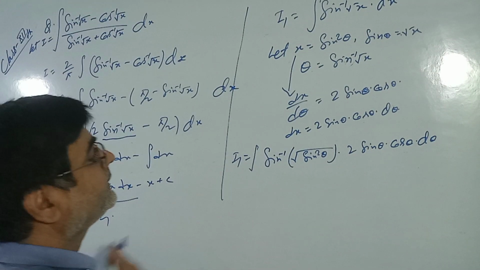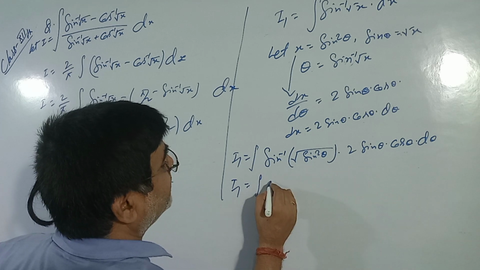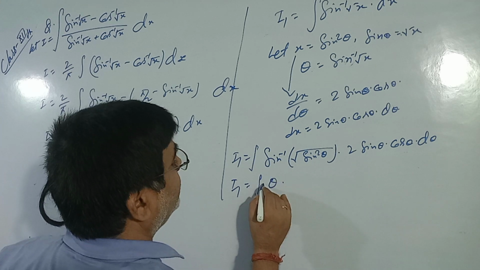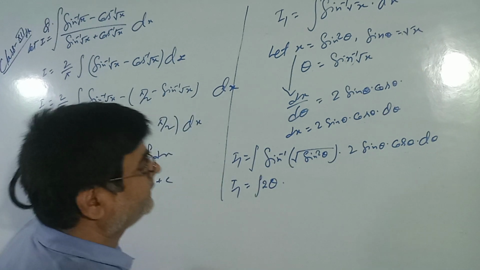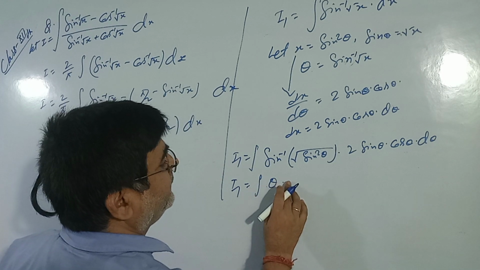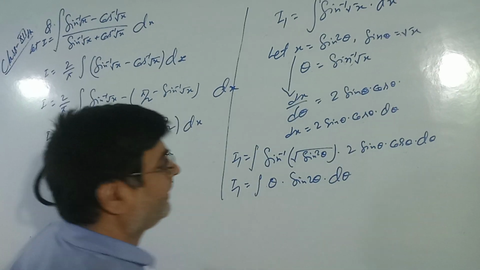So I1 equals sin inverse, sin is cancelled out, giving theta into 2 sin theta cos theta, that is sin 2 theta. Also written as integral of theta into sin 2 theta d theta.